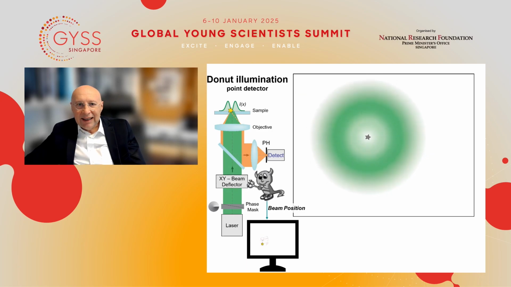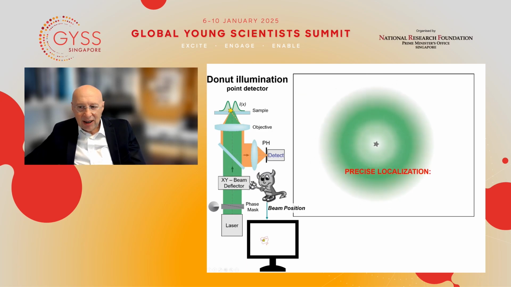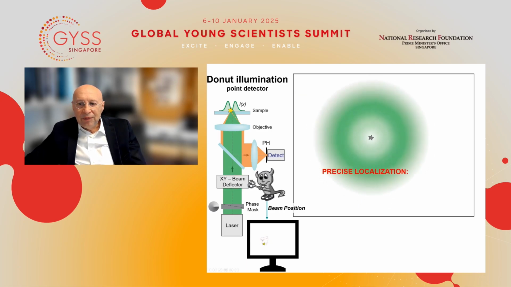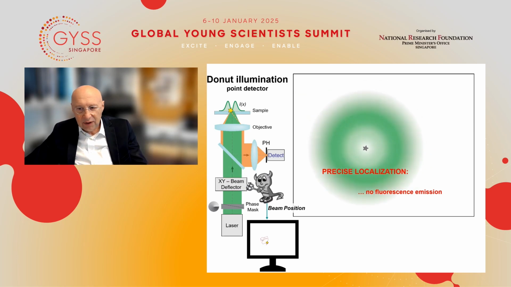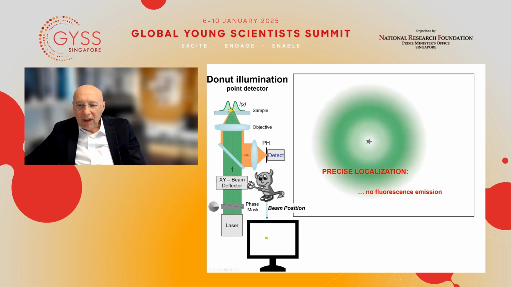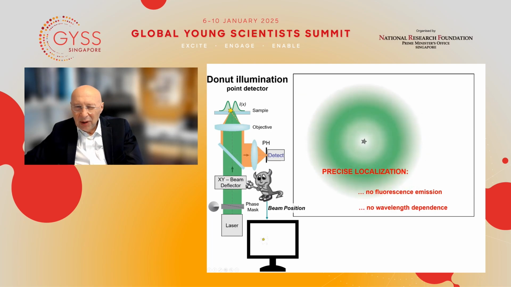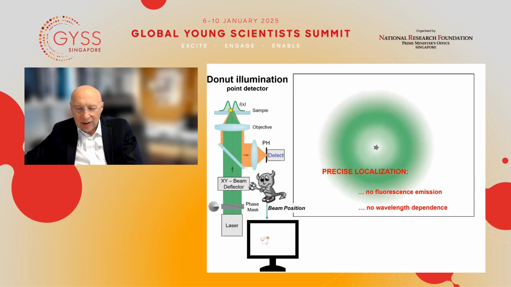And clearly this concept has a major inherent advantage. So the advantage is that we can precisely localize, at least in this conceptual limit of the existence of a demon, with no fluorescence emission. The other striking consequence is there is no wavelength dependence on the localization.